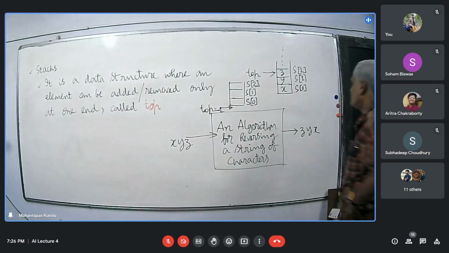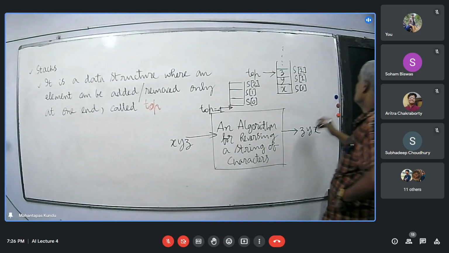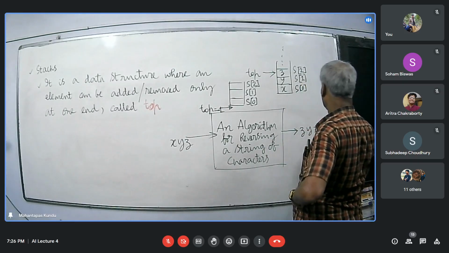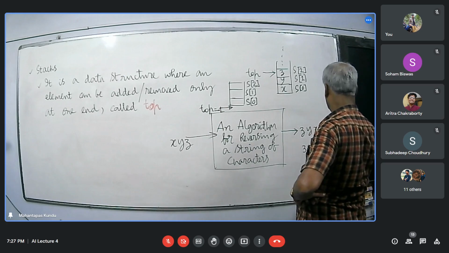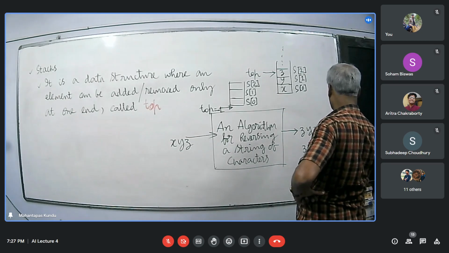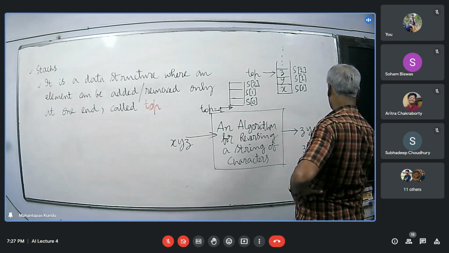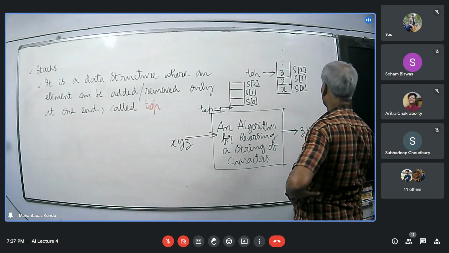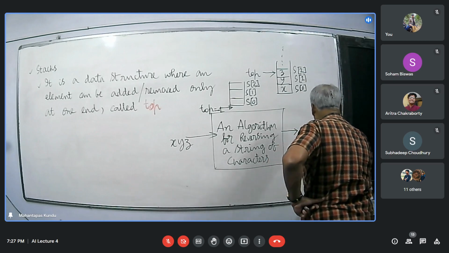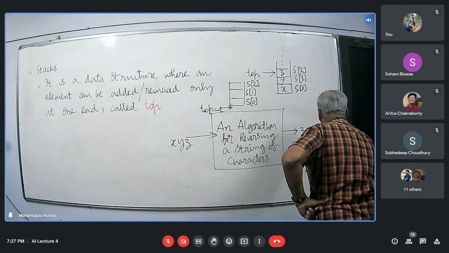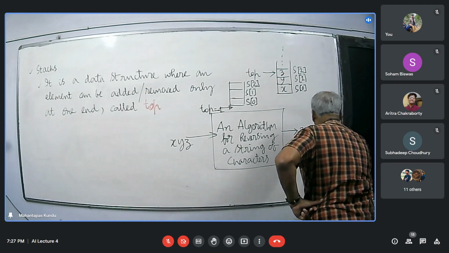And after that, what we will do? We will remove Z from stack top. And when we remove Z from stack top, how it will look like? X, Y, and top. And after we remove Y from stack top, how it will look like?